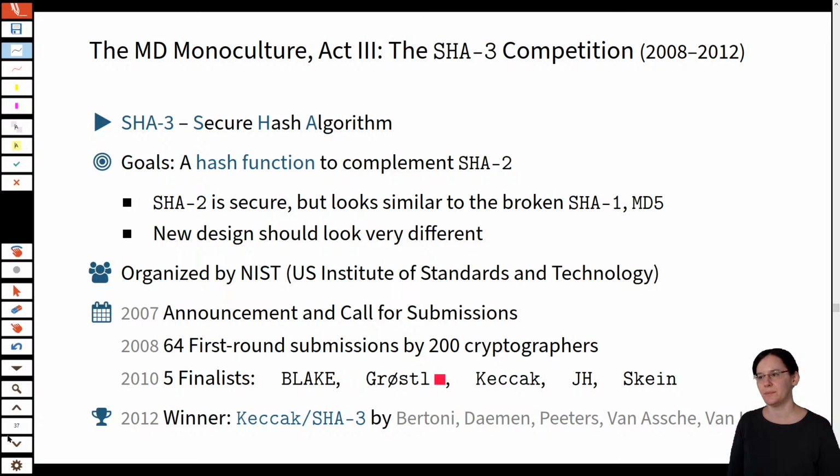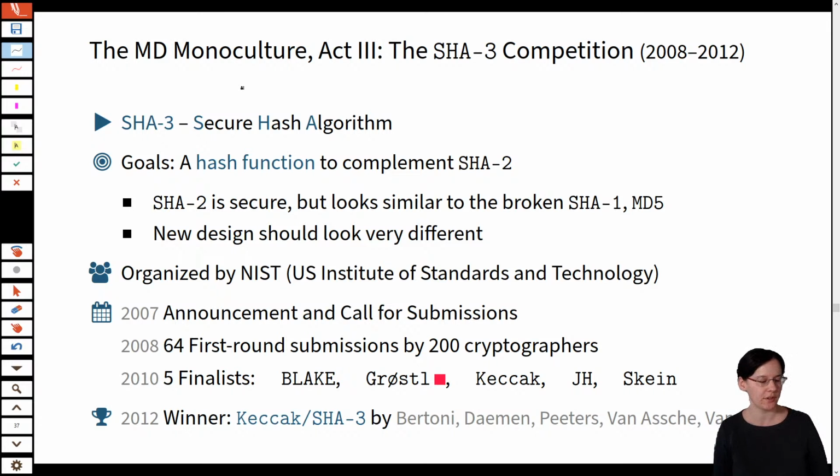So one of the requirements of the competition was also that the new design should look as different as possible from the SHA versions, to prevent any of these type of attacks to carry over to the new replacement scheme. So this competition ran from 2008 and had quite a number of submissions in the first round, a total of 64.